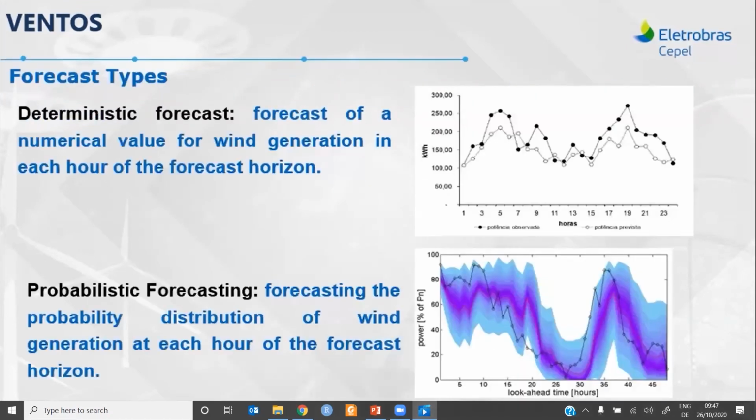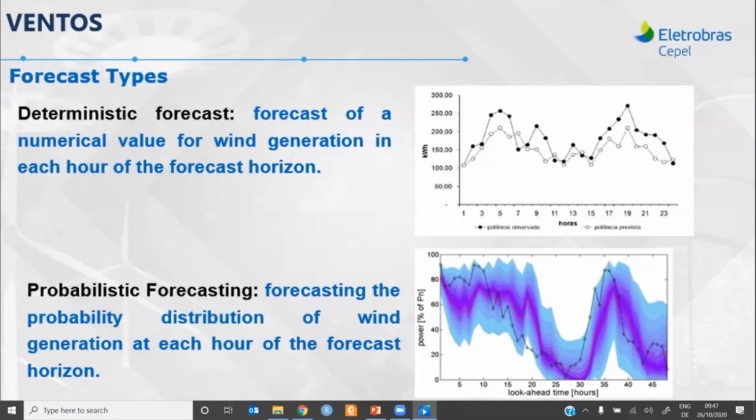Before answering this question, I want to talk about the types of forecasting. In many applications, we have point forecasting, or single value forecasting, or deterministic forecasting. But we can do more than that. We can estimate not only a point, but several points of the distribution of the response variable. This is what we call probabilistic forecasting.